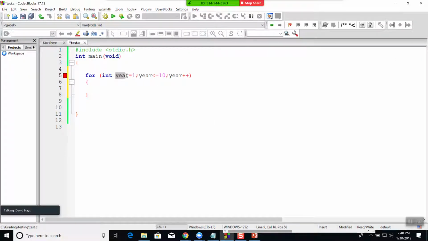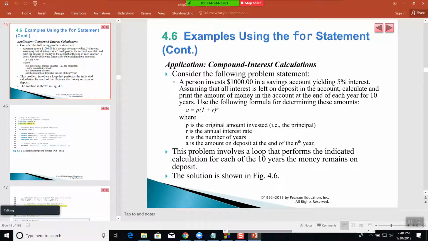So, to match the formula a little bit better, let's put n in there. N. What in the world? It would be a number. That's weird.